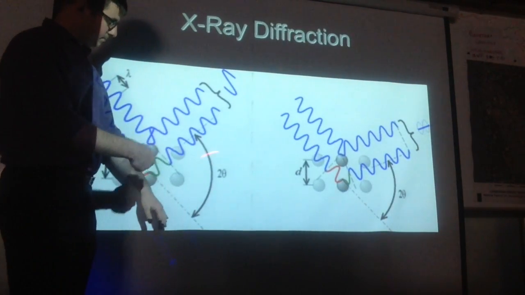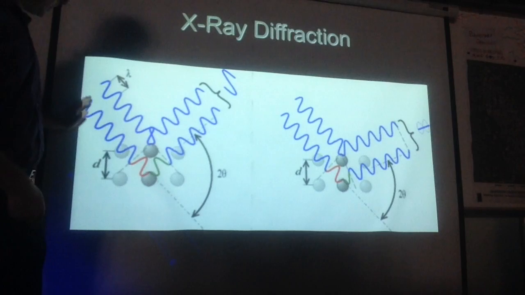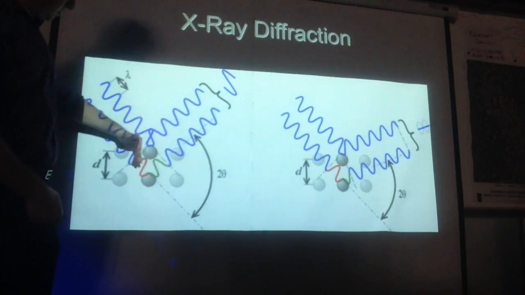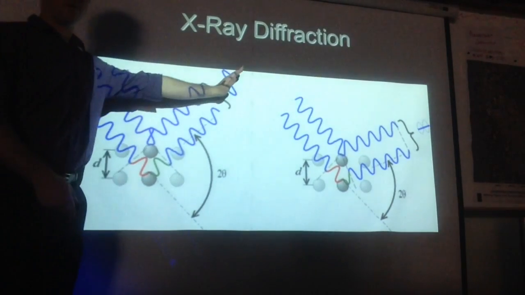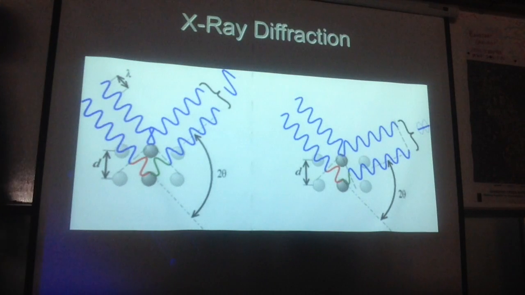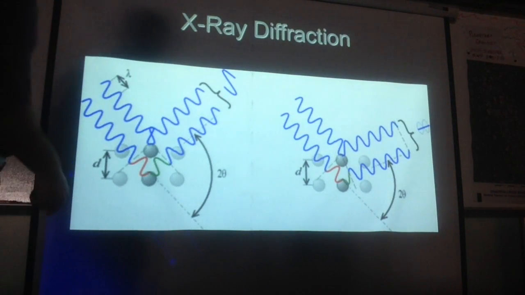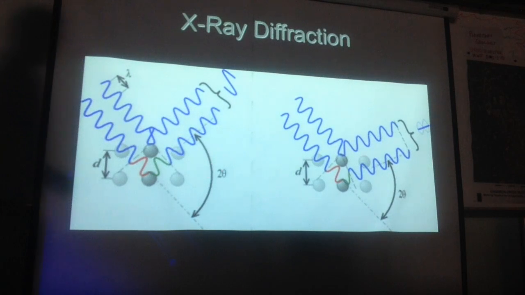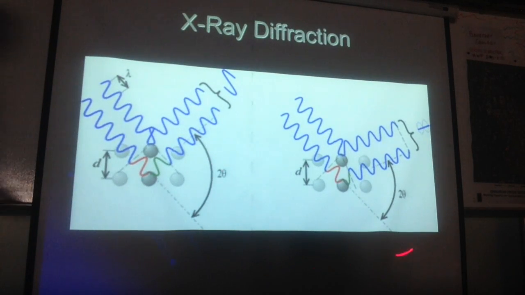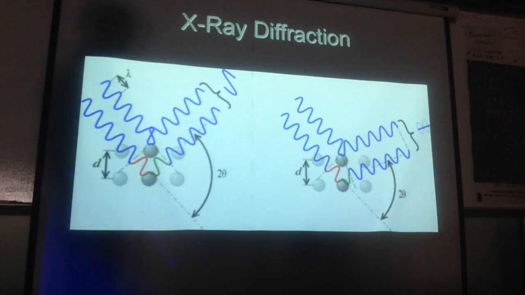That angle, your 2 theta angle, is determined based upon what the incoming angle is versus the outgoing angle. So in papers you hear them refer to the 2 theta angle, and this angle can change. As you can see here, your 2 theta angle is different than it is here.